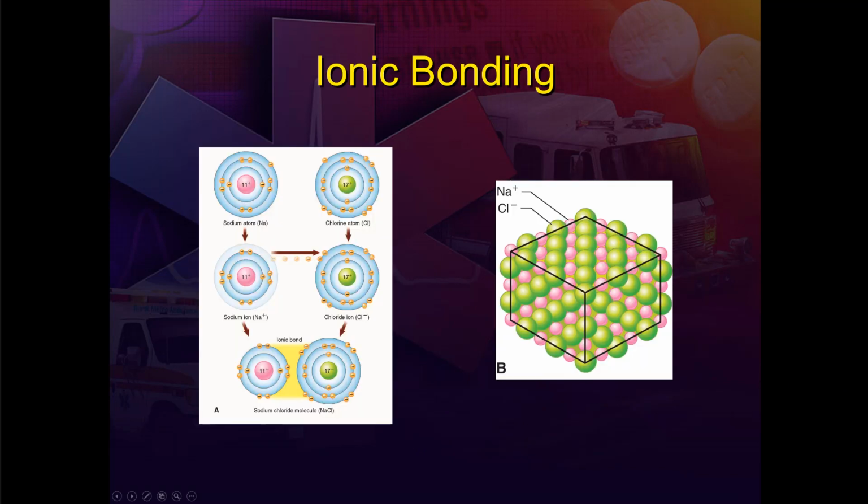Here's a picture of some bonding that's occurred in ionic bonding. So here's sodium chloride, and this is basically the way that sodium chloride naturally forms a cube-like structure and creates salt crystals, just like you might find laying around on your table. If we zoomed in, this is what happens, and notice that chloride is a pretty big element. It's got 17 as its atomic number, meaning that there's 17 protons on the inside of that nucleus.